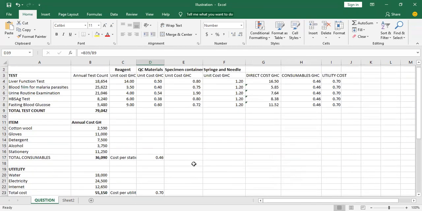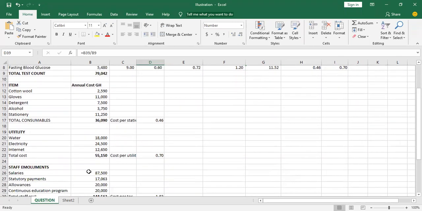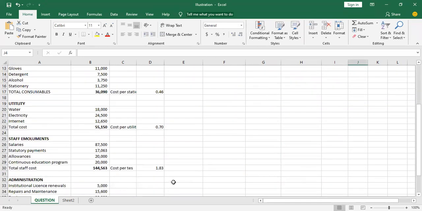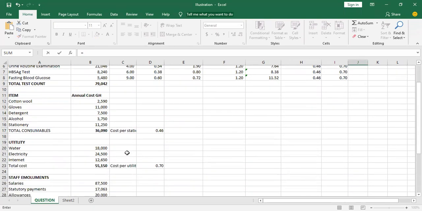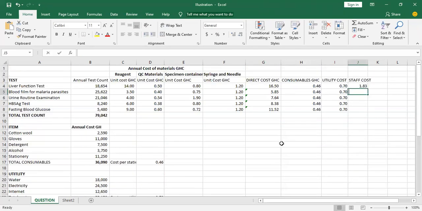Okay. So let's go and create the rest. We did up to utility. So we go to staff costs, and that was 1 CD 83 pesos. So 1 CD 83 pesos, and it's going to be the same for each test because we shared it proportionately according to the number of tests.